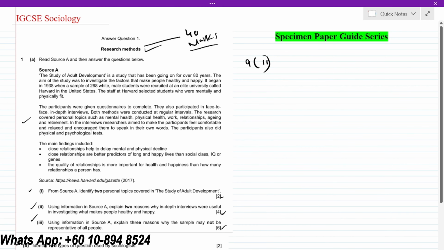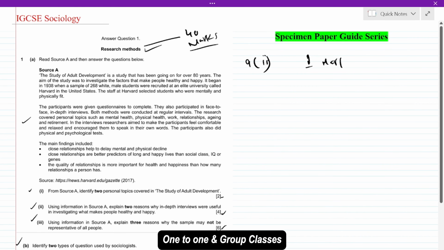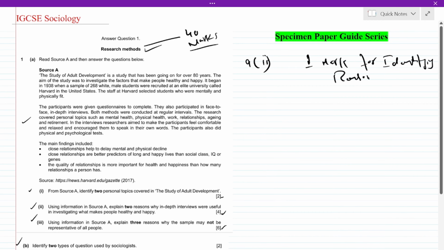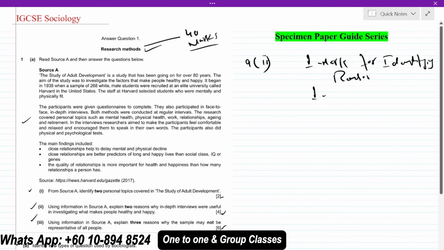According to the marking scheme, you get 1 mark for identifying the reason, and 1 mark to explain this reason. As they mention 2 reasons, that is for reason number 1, and the process remains the same for reason number 2.